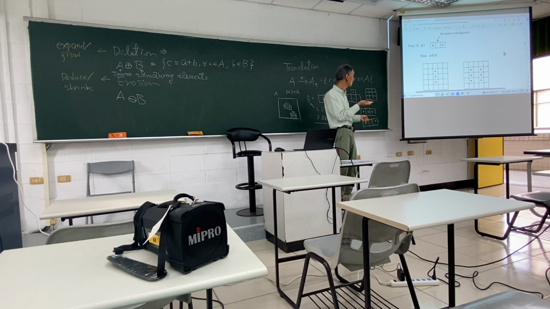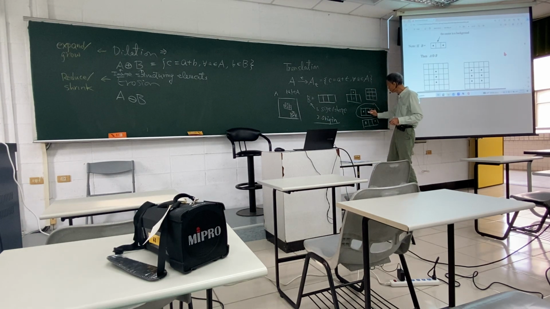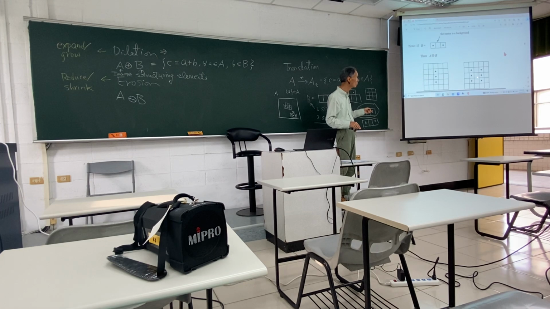If we use a structural element like this, with the origin at an object point, what will be the final result? It will be the same, but all the original locations should be retained, right? So it will become a 3x3 object.